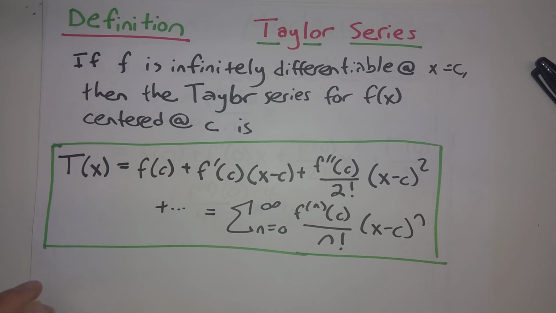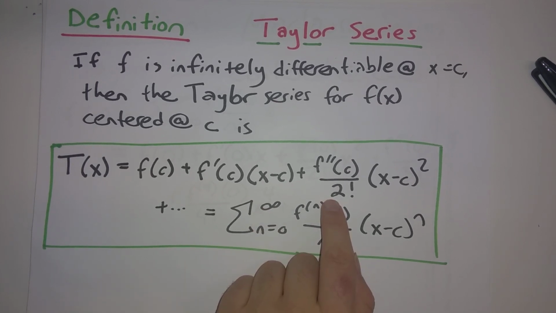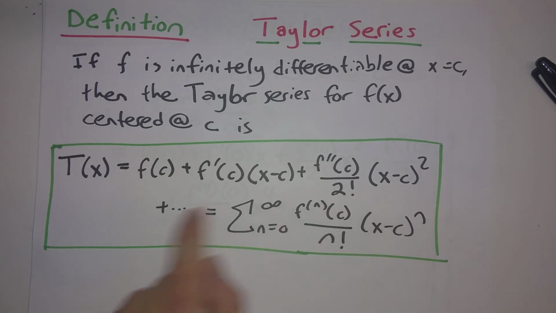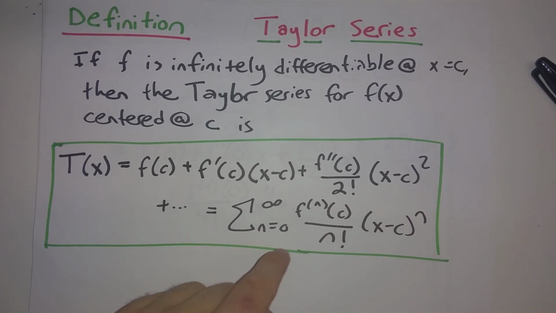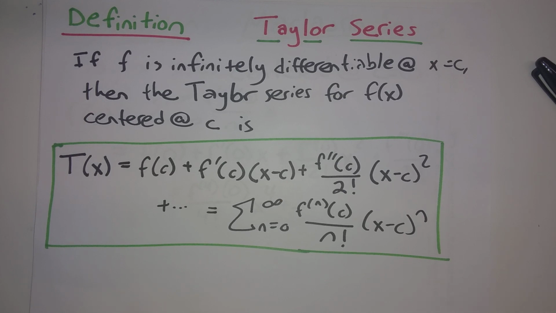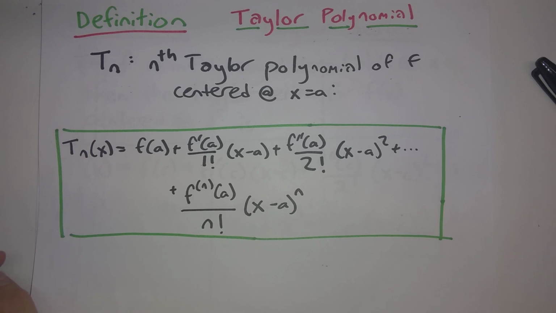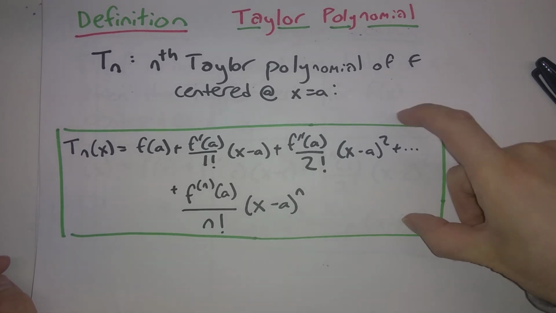If f is infinitely differentiable at x equal to c, then the Taylor series for f of x centered at c is the power series T of x is f of c plus f prime of c times x minus c plus f double prime of c divided by 2 factorial times x minus c squared plus dot dot dot, which is the sum from 0 to infinity of the nth derivative of f evaluated at c divided by n factorial times x minus c to the n. A comparison between these two definitions shows that these are exactly the same.